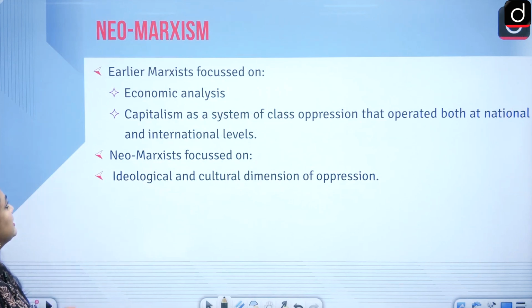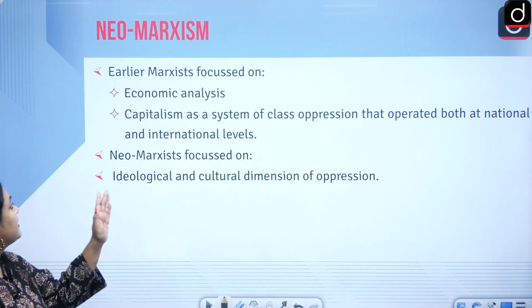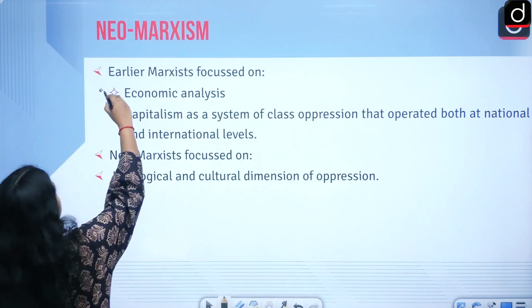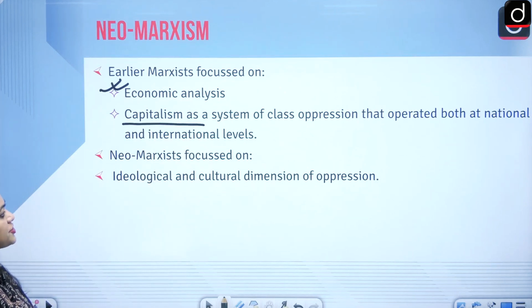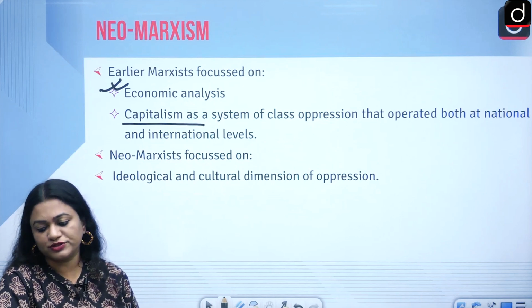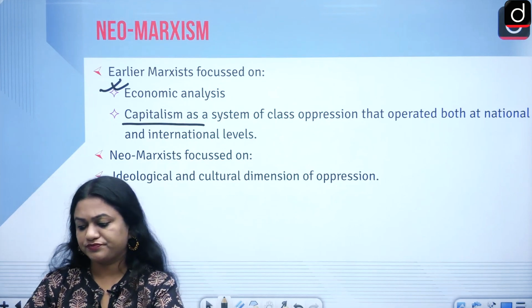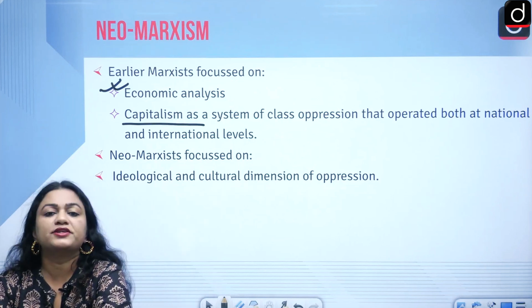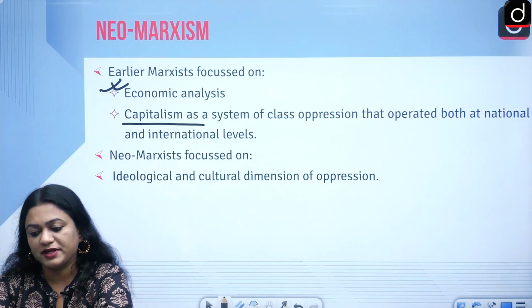Here, early Marxists focused on economic analysis of capitalism as a system of class oppression that operated both at national and international levels. If you remember Lenin's theory on imperialism, which he called the highest stage of capitalism.